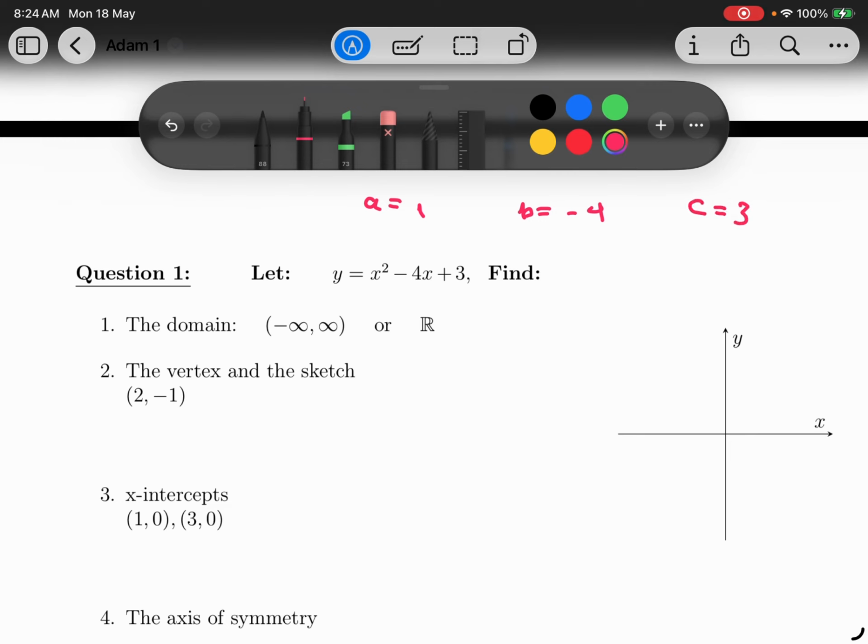And to be honest, these 3 reveal a lot about how this function behaves, okay? So I will start with the first. This is very trivial, the domain. The domain is from minus infinity to infinity, or this fancy R. And I told you before, guys, how to write this R, especially when you have one of the worst handwritings like me.